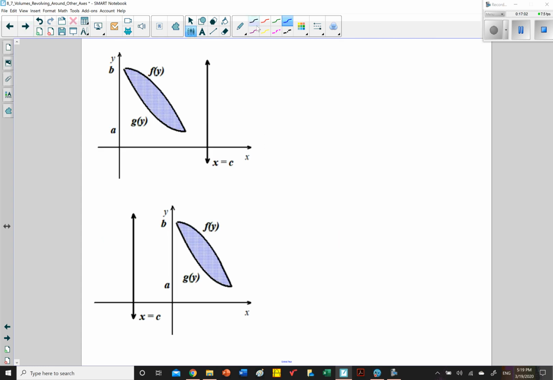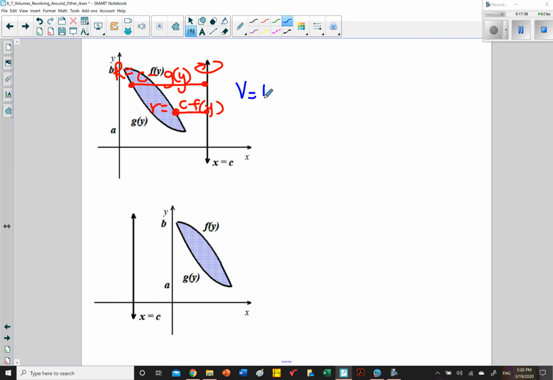Now when the axis of revolution is this way and we've got two shapes, we'll have to subtract them. So the farthest away is going to be c minus g of y and c minus f of y for the inner radius, and c minus g of y for the outer radius. This is for the inner radius.